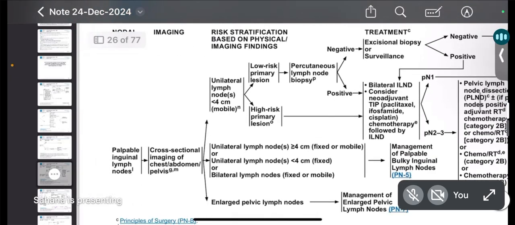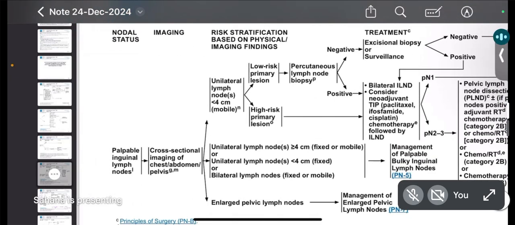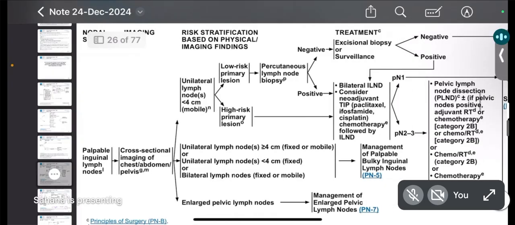Then again, if this is a high risk lesion, a T3, T4, then you consider giving neoadjuvant TIP, followed by risk assessment. Again, you see how they respond and then go ahead.